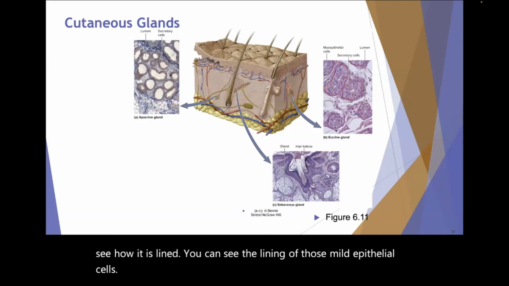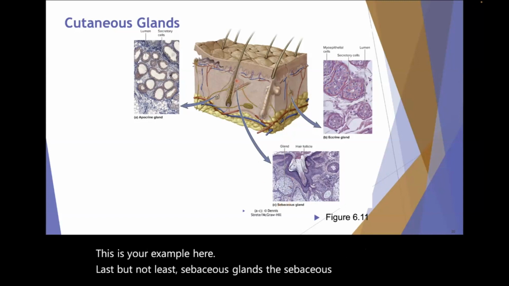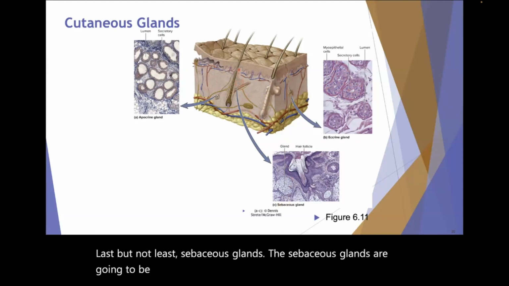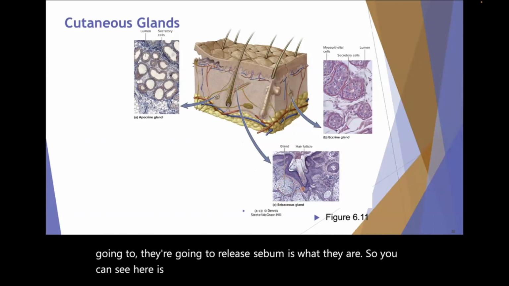This is your example here. Last but not least, sebaceous glands. The sebaceous glands are also attached to the hair follicle, and they release sebum. You can see here is the gland, and here is the hair follicle.